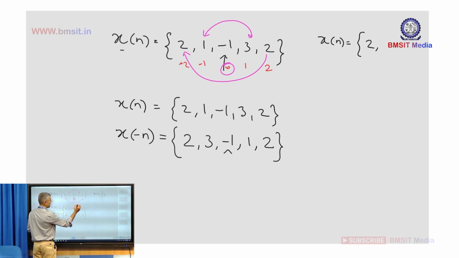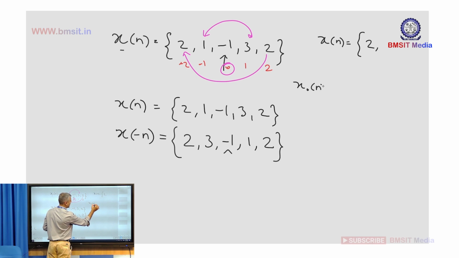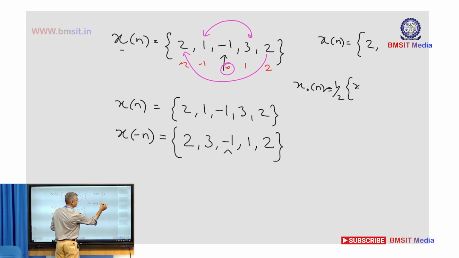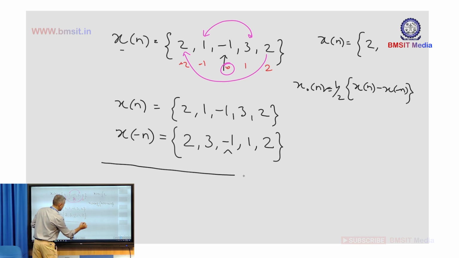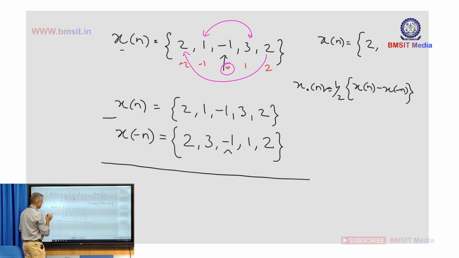The formula for the odd component x odd of n is half into x of n minus x of minus n. So in that sense, I must be subtracting x of minus n from x of n.